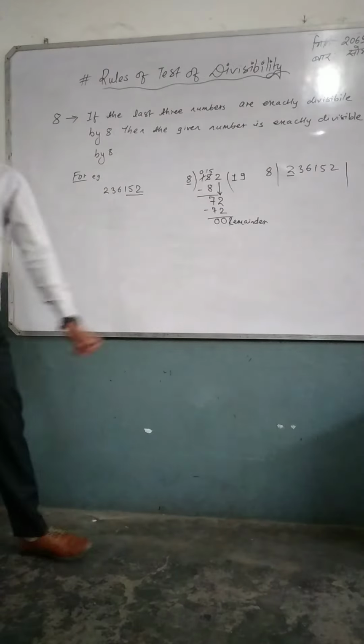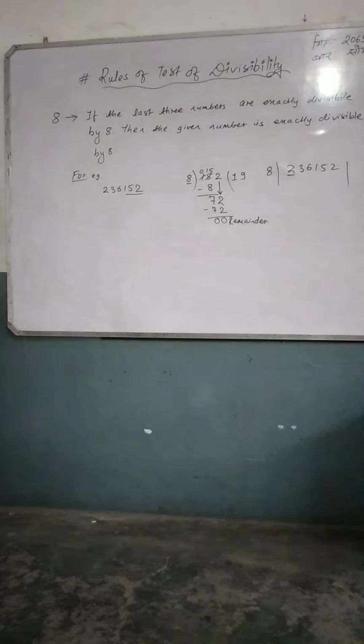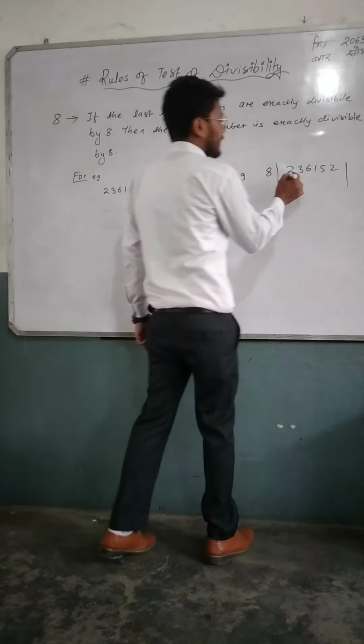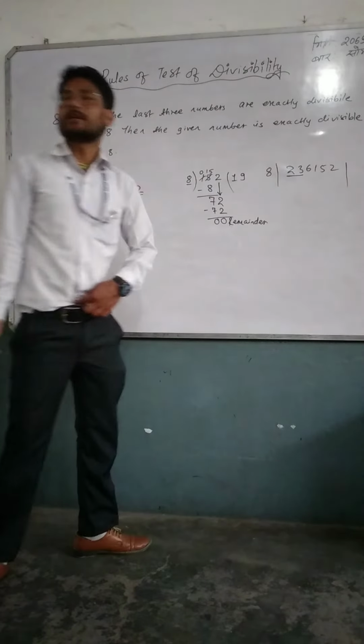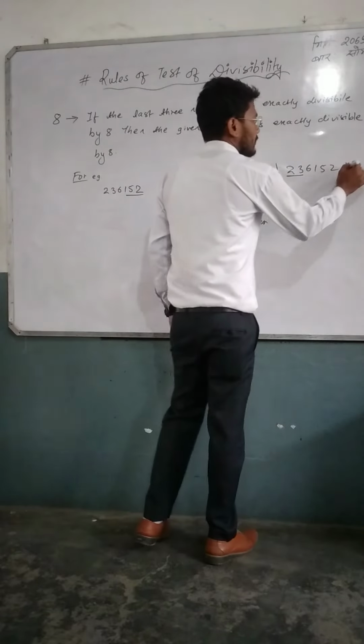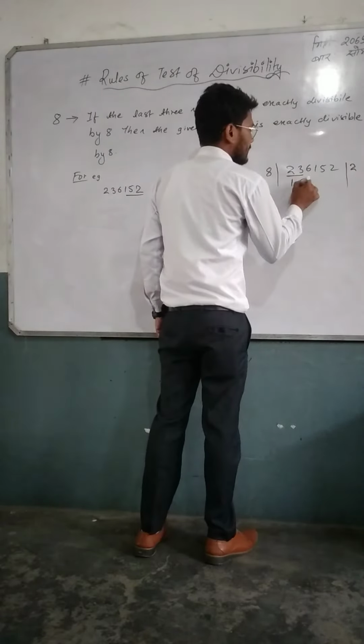So can you get that 2 in the table of 8? No, sir. Lesser than 2? No. So at this time we have to take double digits. Now can you get equal to 23 or lesser than 23? Yes, sir, lesser is there. How many times? 2. 8 twos are 16.